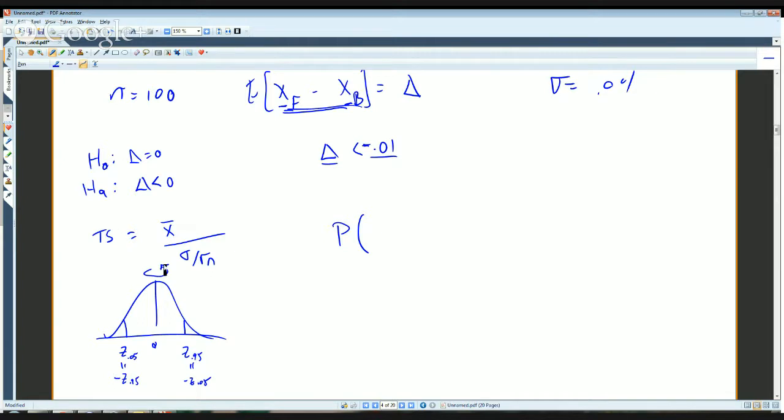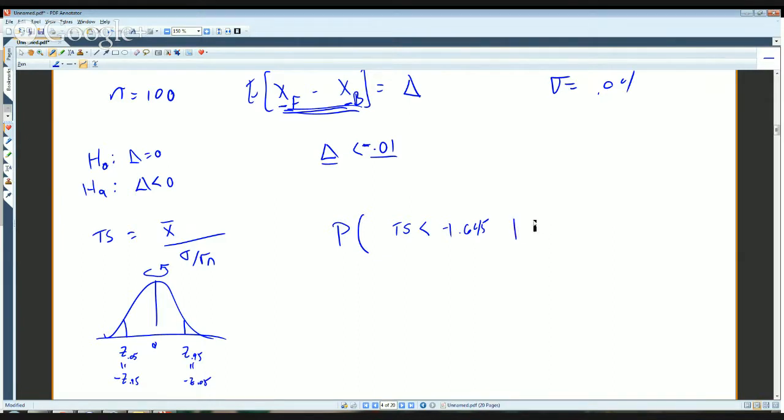Okay, so I like to subtract follow-up minus baseline, so I want to look in the negative direction. So we're going to reject if our test statistic is less than z of 0.05, which is negative 1.645.